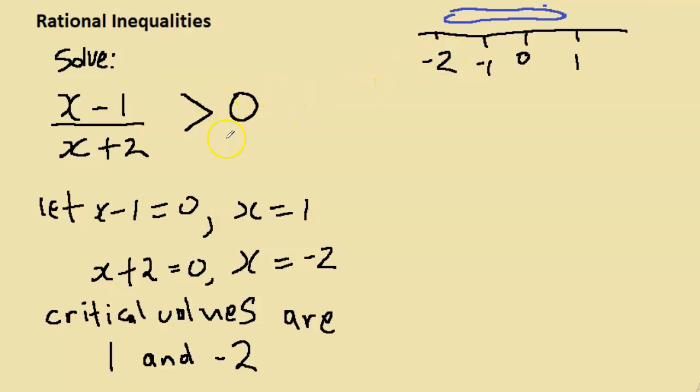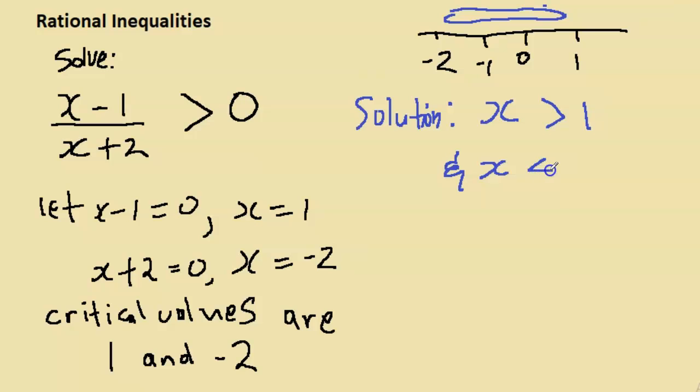But as a general rule, because it's greater than, x would be the solution when x is greater than the larger critical value, which is positive 1, and x is less than the smaller critical value, which is minus 2.